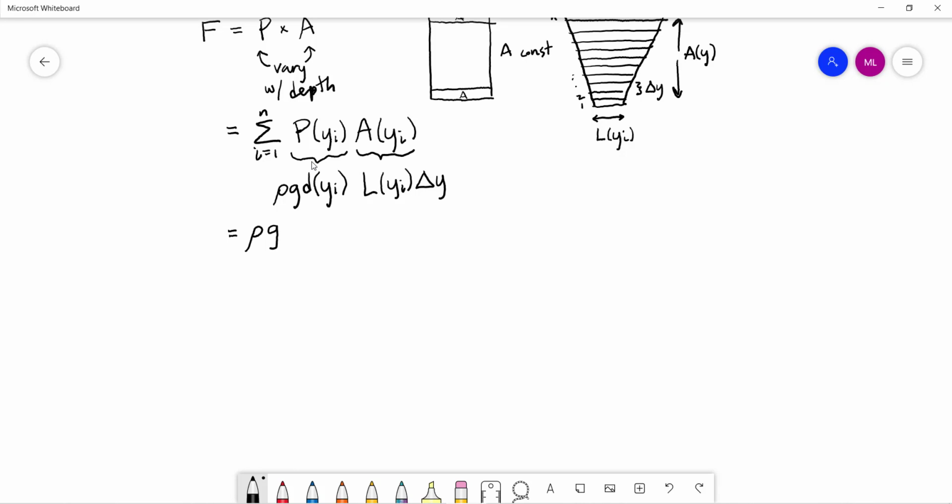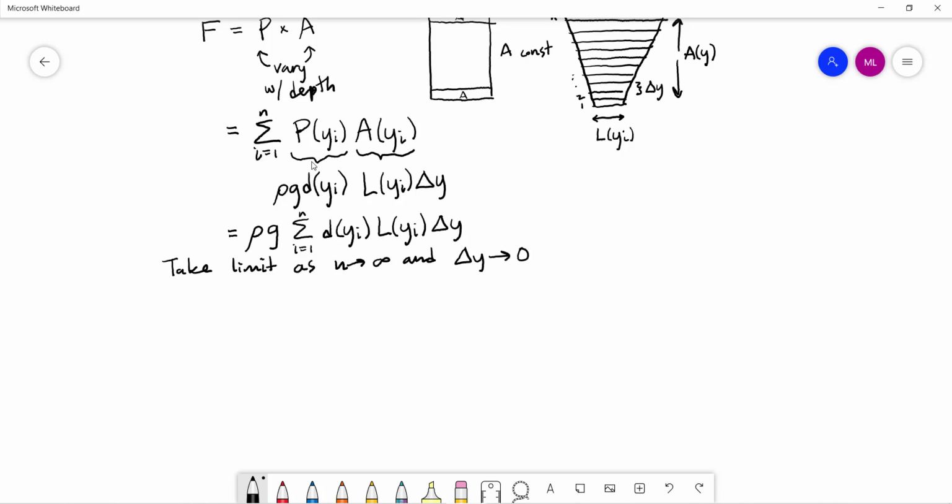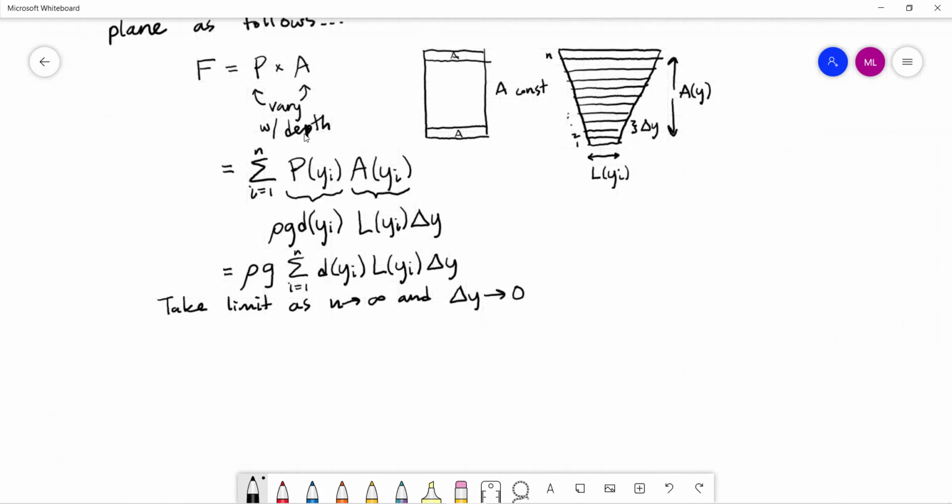And we will have our sum from i equals 1 to n of d of y_i times L of y_i delta y. Then we will take the limit as n goes to infinity, and our delta y correspondingly goes to 0, because our delta y is just going to be the total height here divided by n.